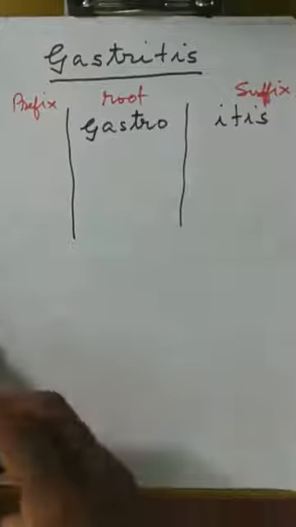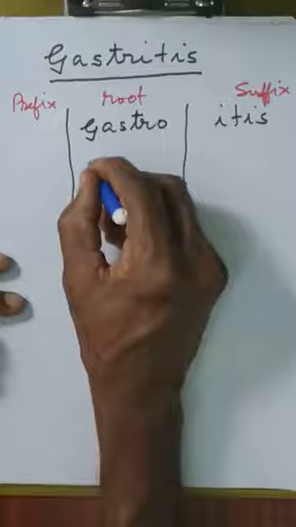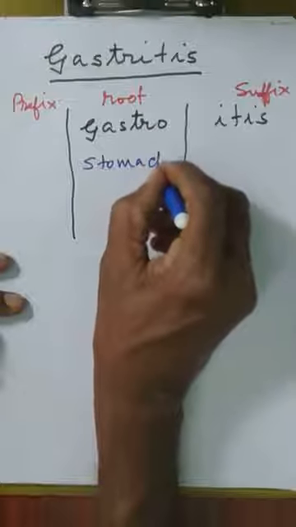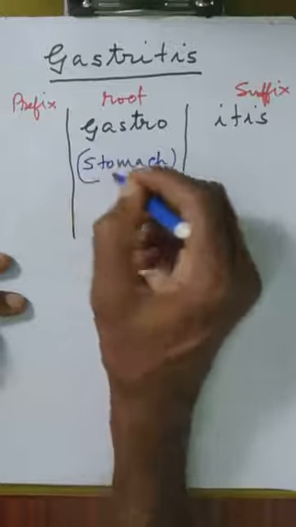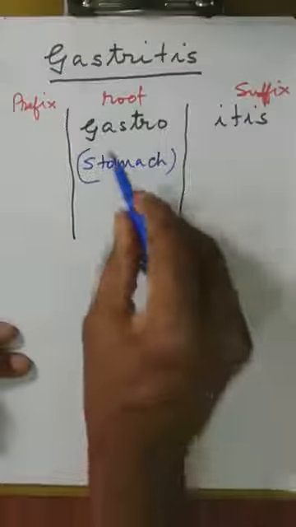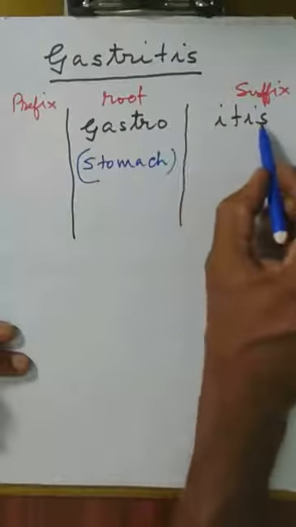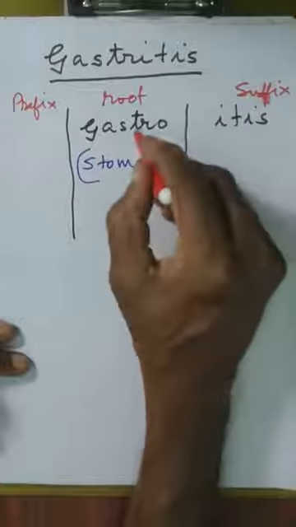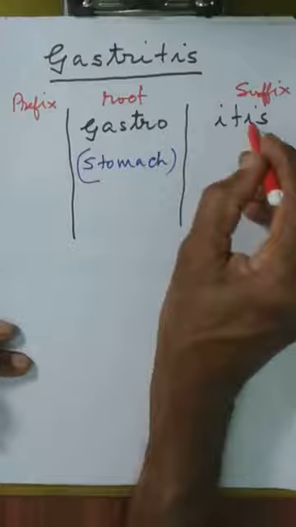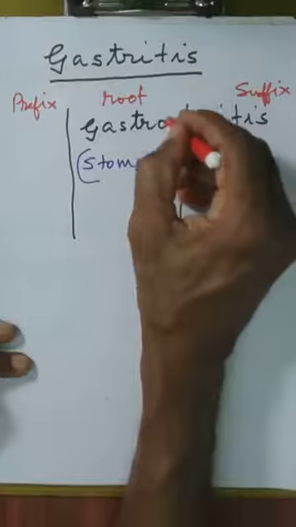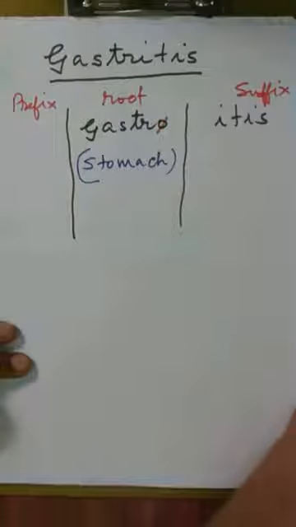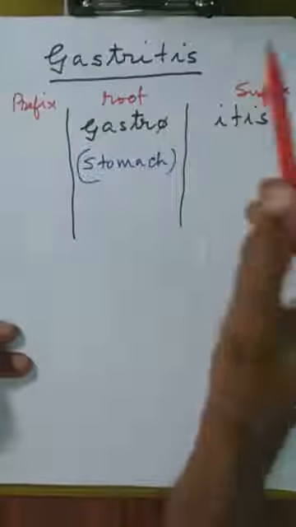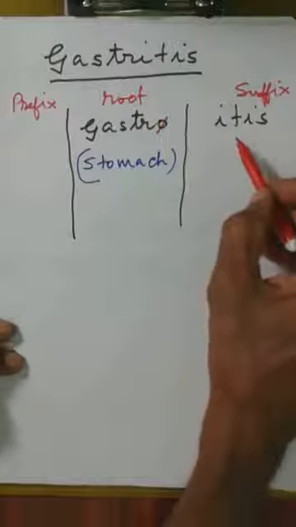Gastro means pertaining to stomach. So, gastro plus itis. When joining together, this O will be cancelled. Then you will get this word, gastritis, inflammation of the stomach.